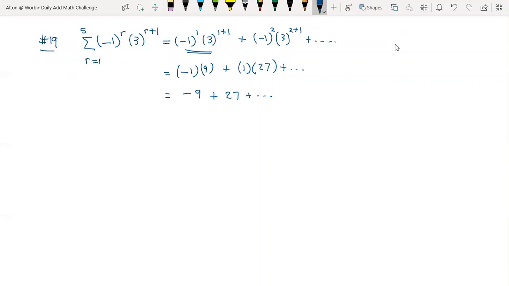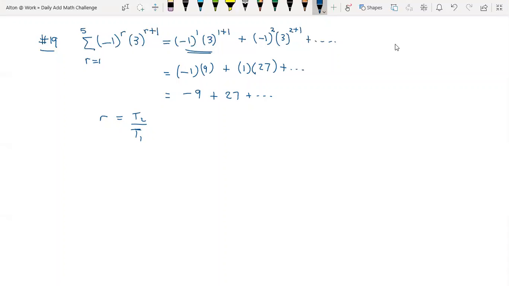Okay, so this series resembles a geometric progression. Now let me convince you that it resembles a geometric progression. Let's look at the third term.